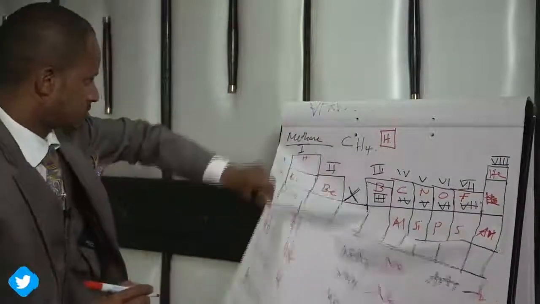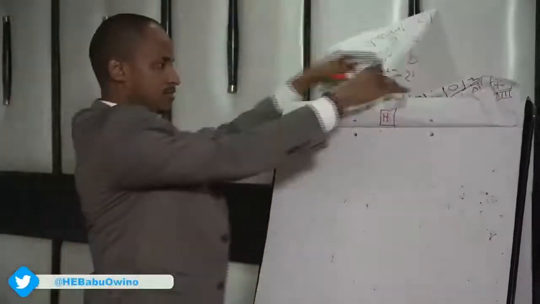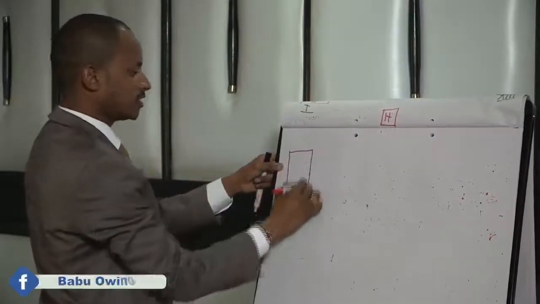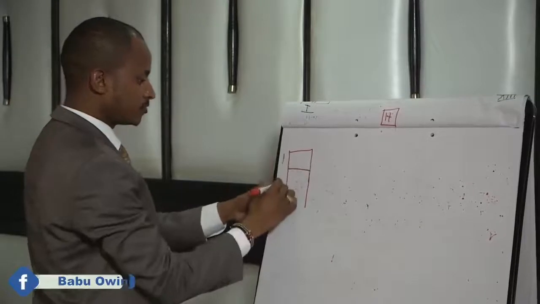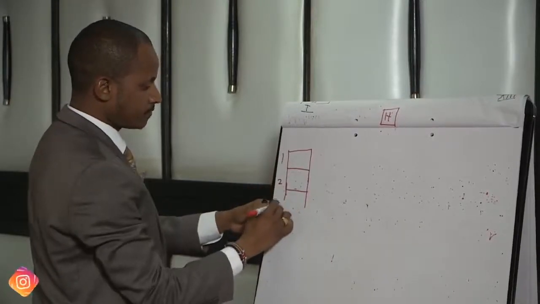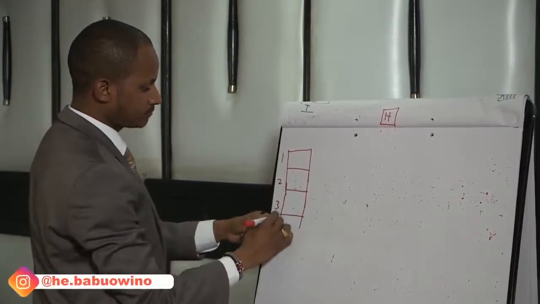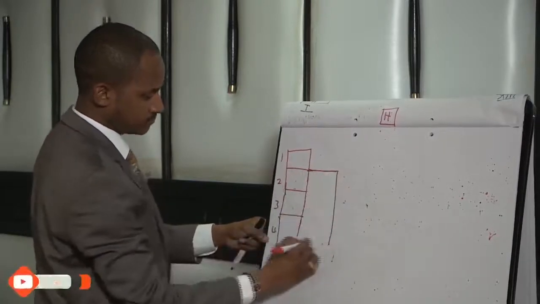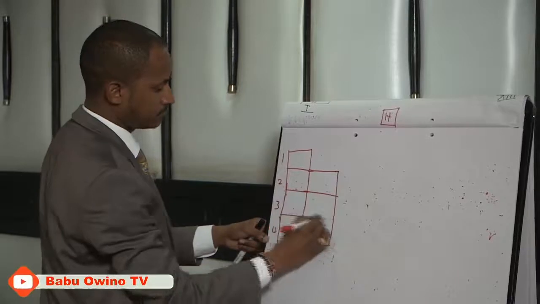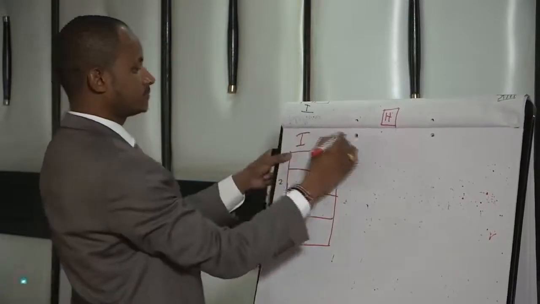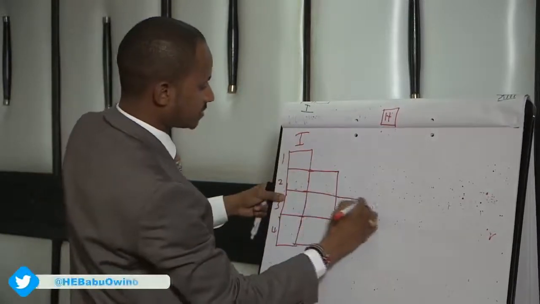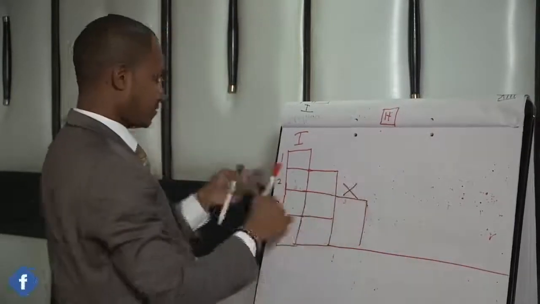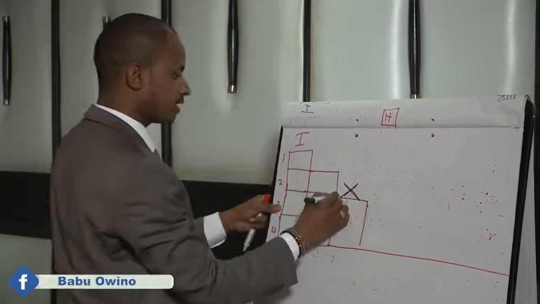Sorry, let me just draw it again. Class, I think there's a little bit of confusion, but it's an easy one. Just the same trend. Period 1, period 2, period 3, and finally period 4. So group 1. Then here we have transition metals or elements.